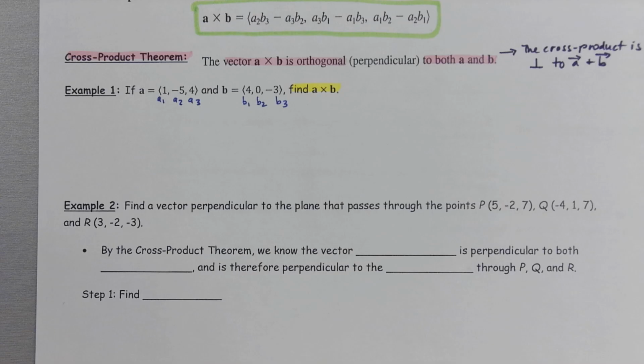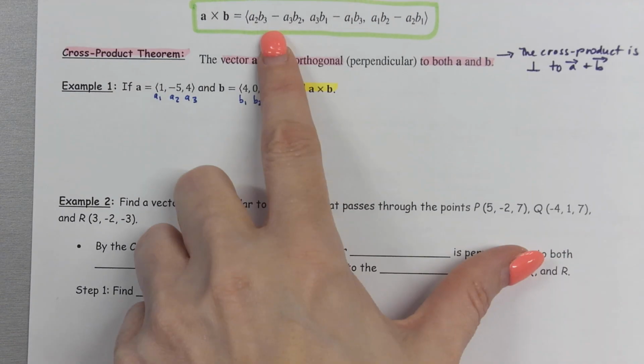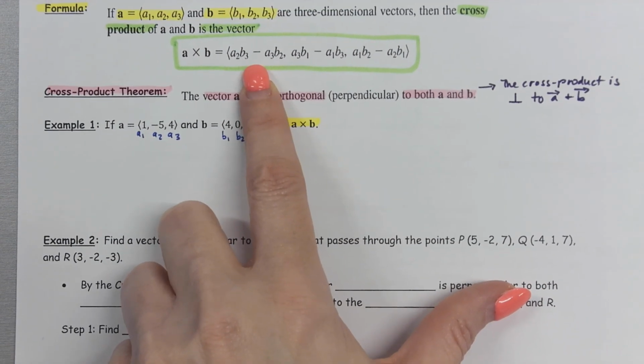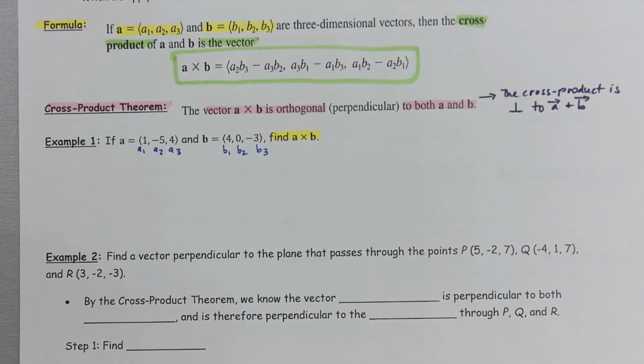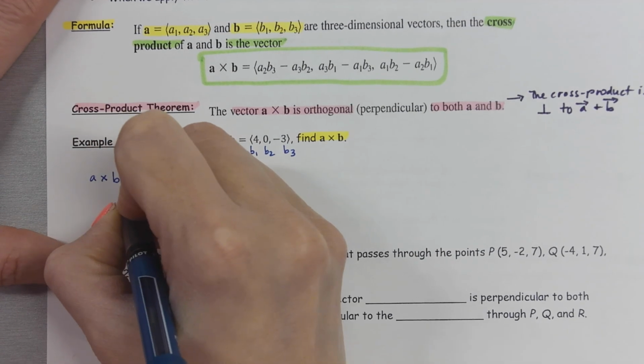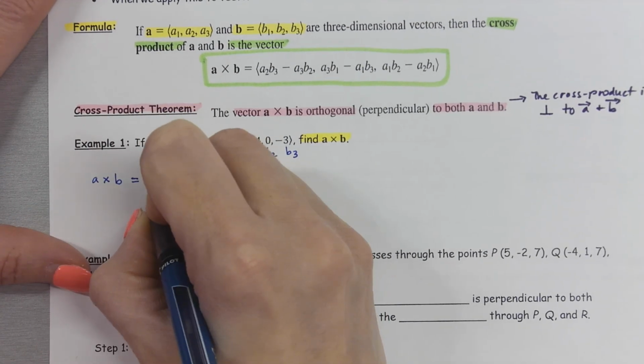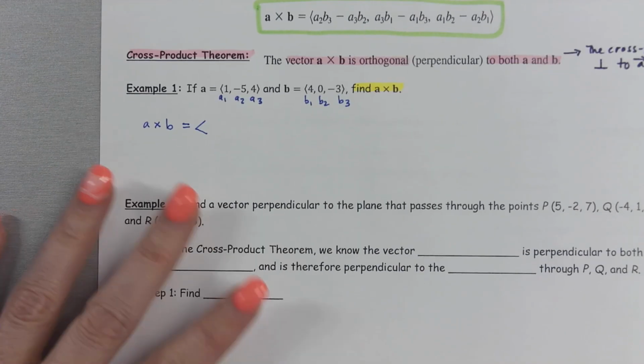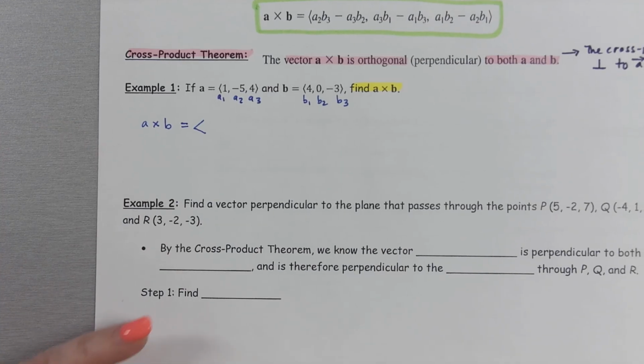Alright, so using that, we are going to apply this formula. It's A sub 2 times B sub 3. The first time we go through this, I am going to write it out all the way, and then as we get more comfortable, I will write out less of the work.